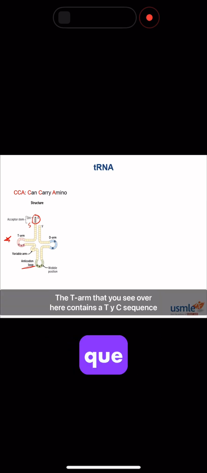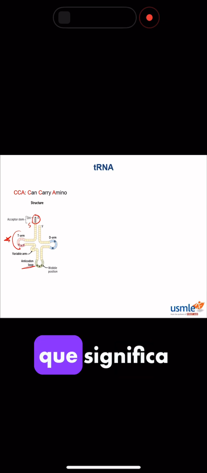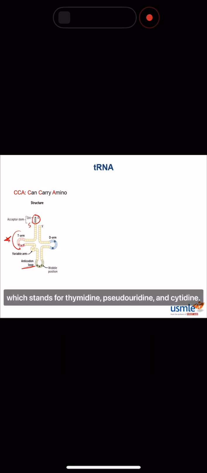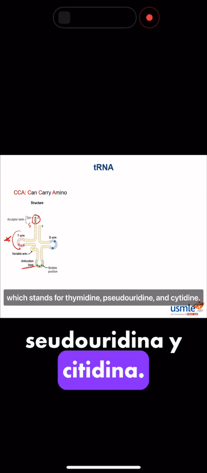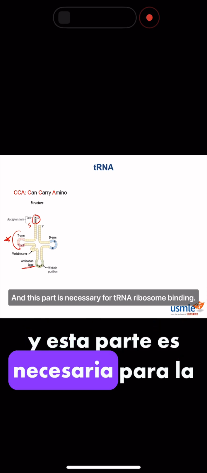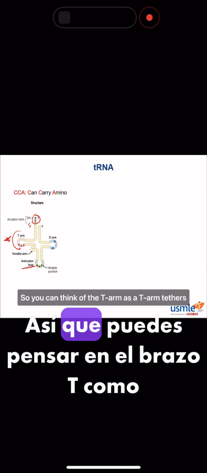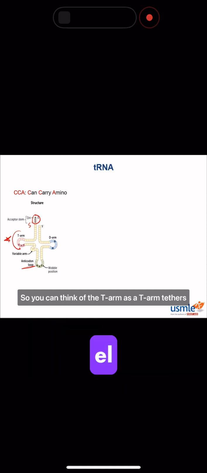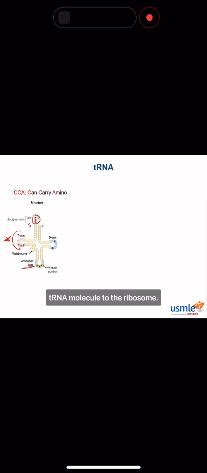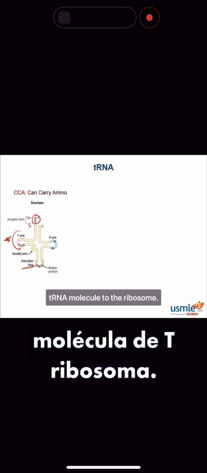The T-arm, which you see over here, contains a T-psi-C sequence, which stands for thymidine, pseudouridine, and cytidine. This part is necessary for tRNA ribosome binding, so you can think of the T-arm as tethering the tRNA molecule to the ribosome.